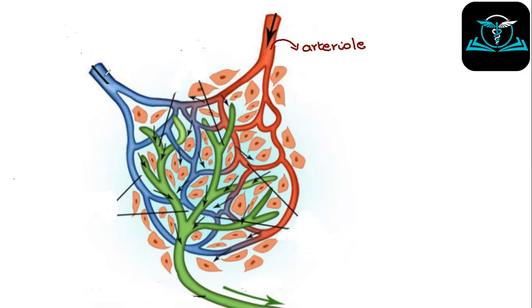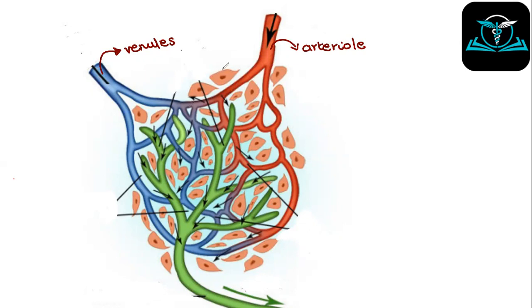But the veins are formed by small veins called venules. And so the venules will form the veins. Just as the artery branched into arterioles, the venules would combine to form the vein. And so blood moves into the organ through the arterial system and exits the organ through the venous system.